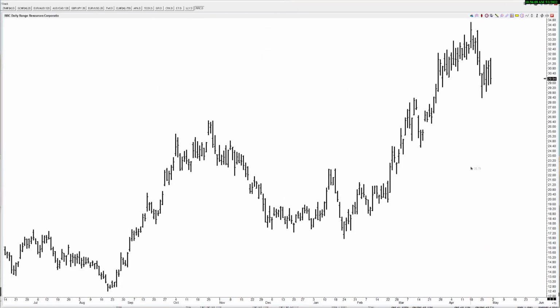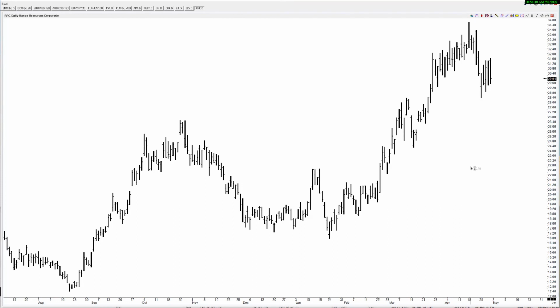So let's just have a look at this particular stock, and we can easily begin to map it and see its swing, understand its process, and even map out a few individual structures.